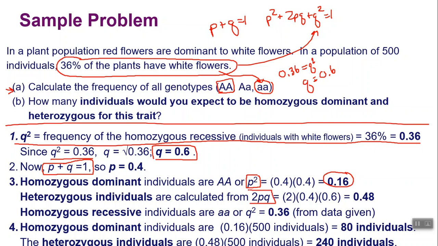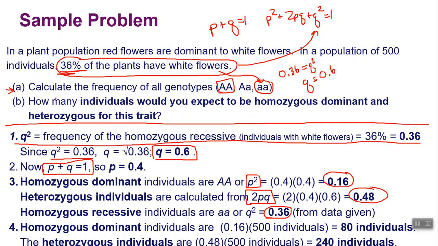Plug and chug for your heterozygous individuals. 2 times P times Q gets you 0.48. 48% are heterozygous. And if you want to check your work, and you do 0.6 times 0.6, Q squared, you'll get the 0.36, which we actually gave you at the start of the problem, right?